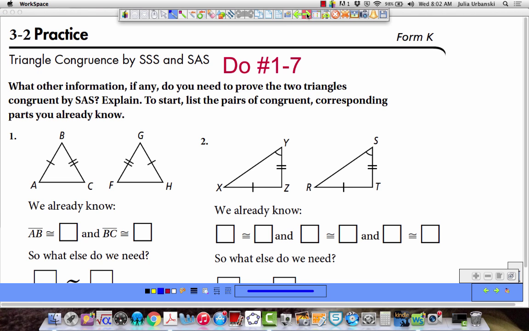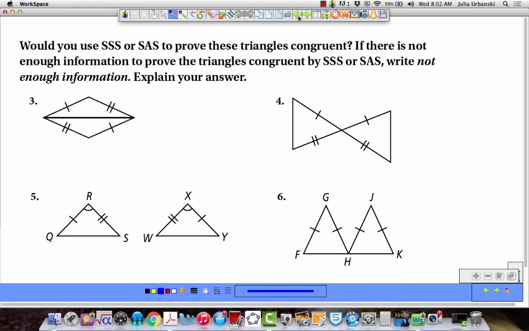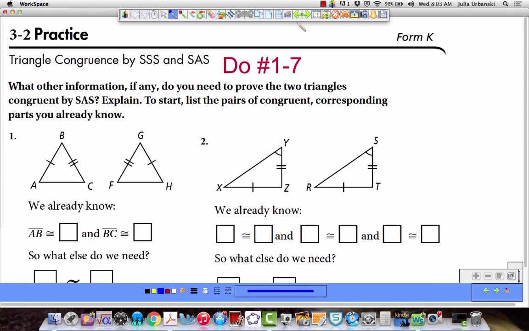For these ones right here, make sure that you explain, okay? And I'll go over that with you, but make sure you explain that. You don't have to explain the given. Which part here would you have to add on and explain right here? The reflexive part, that's right, okay? So make sure you do that. Do number 1 through 7, explain where it says explain.